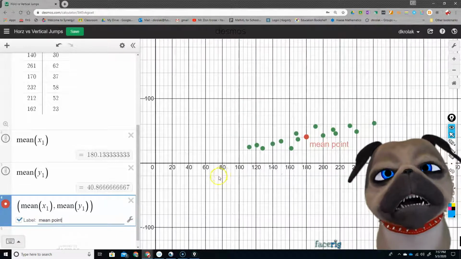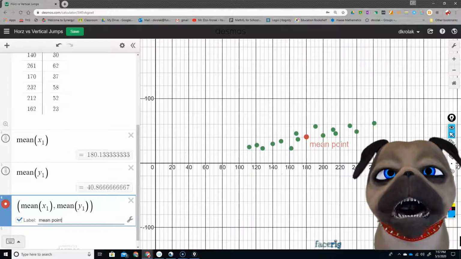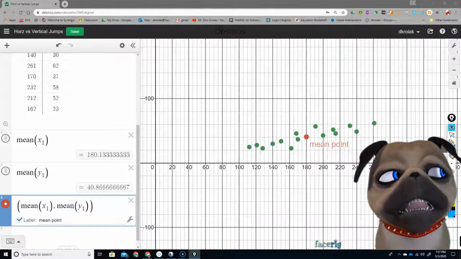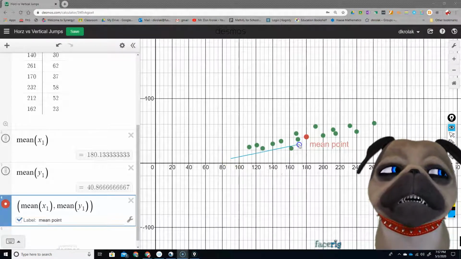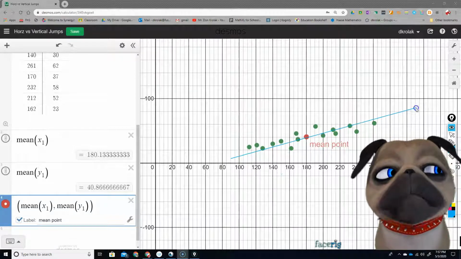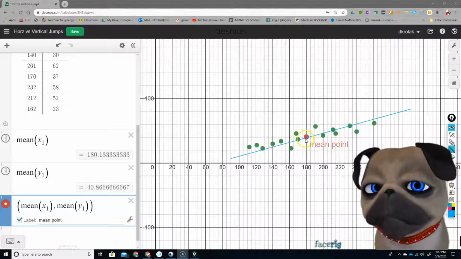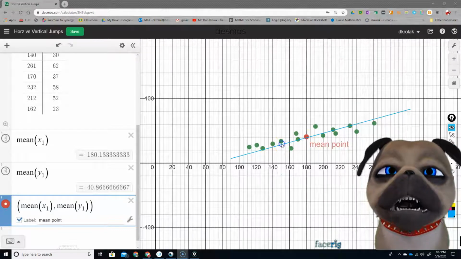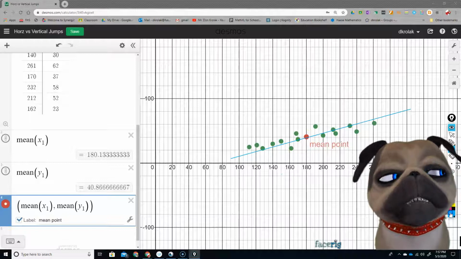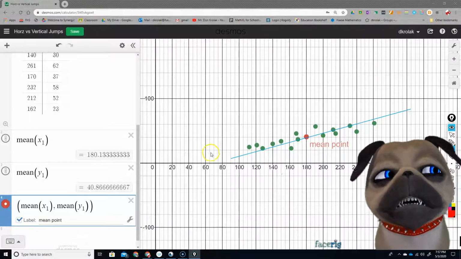So as I draw a line of best fit now, if I'm just eyeballing it, I want it to go through that mean point. Now we could all draw different lines of best fit.